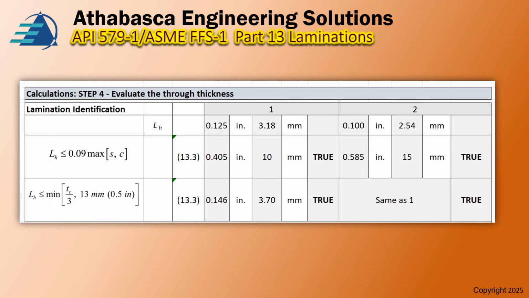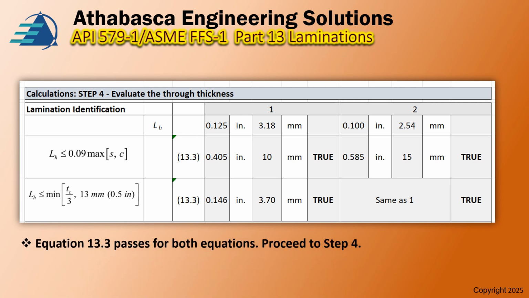So we're going to continue here with step 4, evaluate the through thickness of the part. Basically they have a couple of cookbook equations, and both of them must be satisfied. In this case, we meet both of them. The way I did it in my spreadsheet is I use a very similar method. I just have lamination 1 and lamination 2.